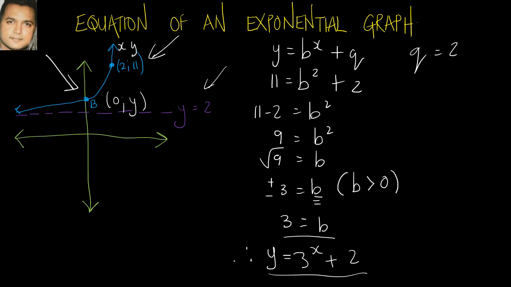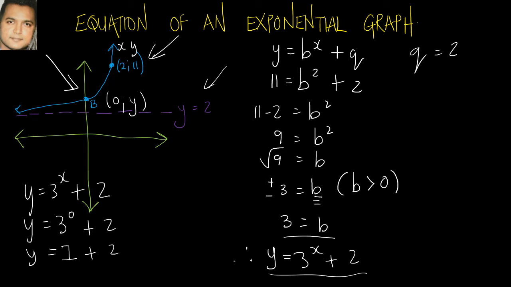So I have y is equal to 3 to the x plus 2. So I have y to be unknown, right? 3 to the power 0 plus 2, and this will be 1 plus 2, and y will be 3. So my coordinate for b is actually 0, 3.